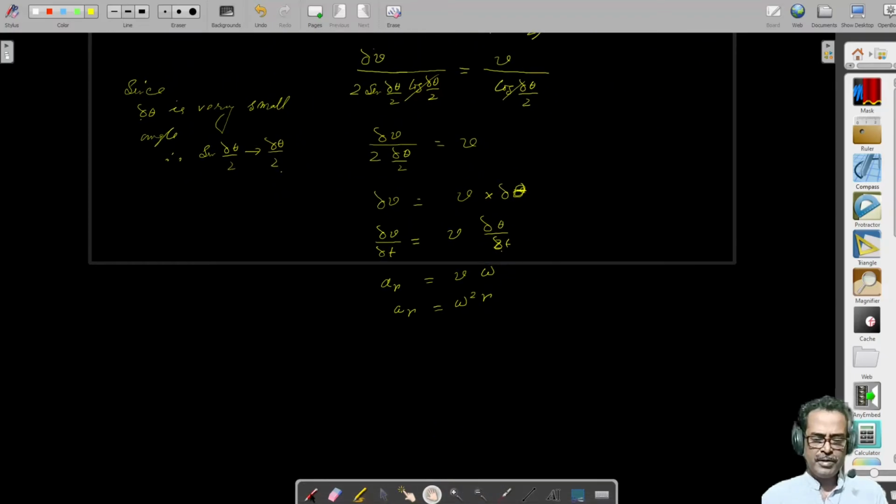Okay. So we can write this in vector notation as minus omega square R along the radius, but opposite, towards the center. So it is minus. This is called centripetal acceleration.